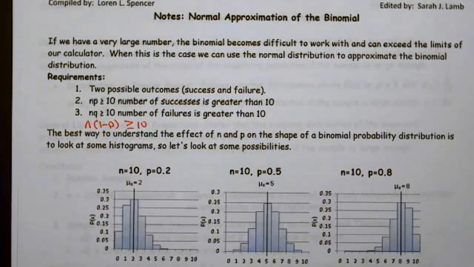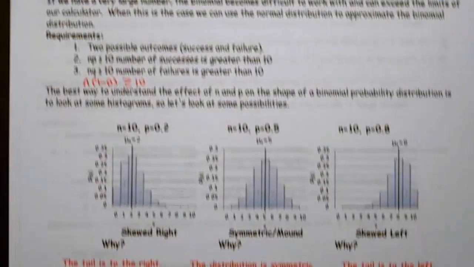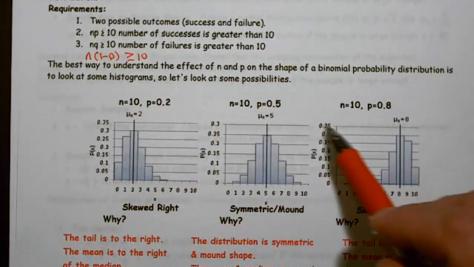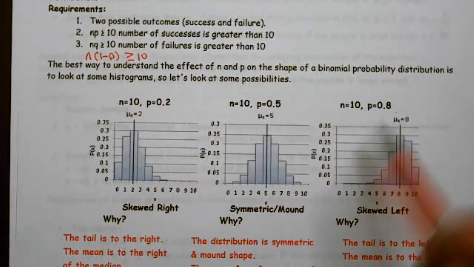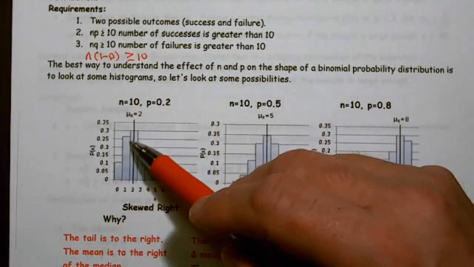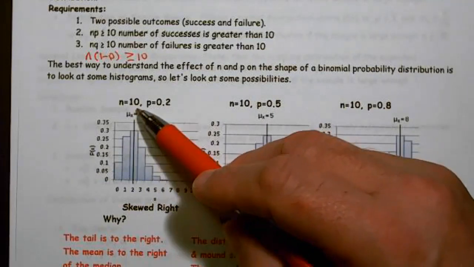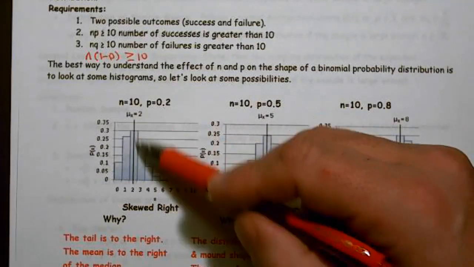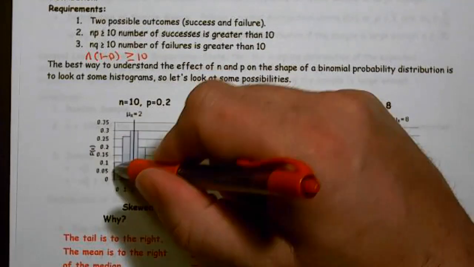So the best way is to look at what happens with the binomial distribution. So consider this. This first row here is working with sample sizes of 10 with different probabilities. When I have a sample size 10 with a probability of 0.2, I end up with a distribution that is skewed right.